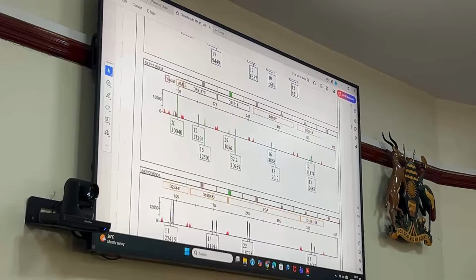The next one, this is the sex determining marker, Amelogenin. And as we can see, we have one single peak here. This is because Molly is a female. Females inherit the X chromosome only from both parents. Hence one peak here indicating female.